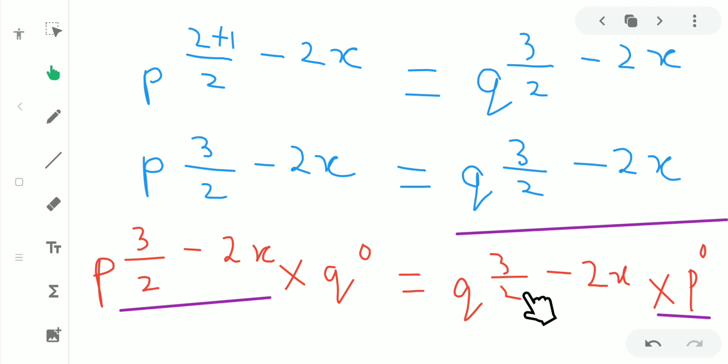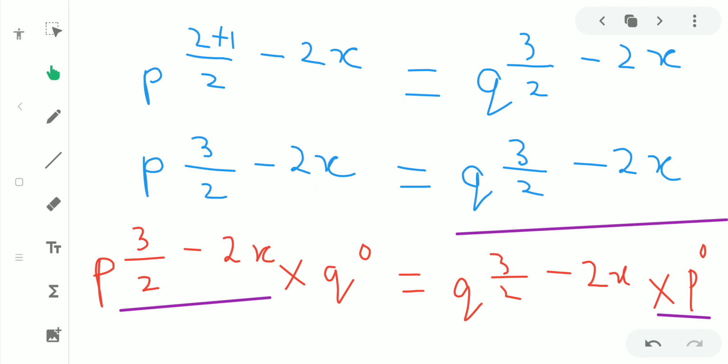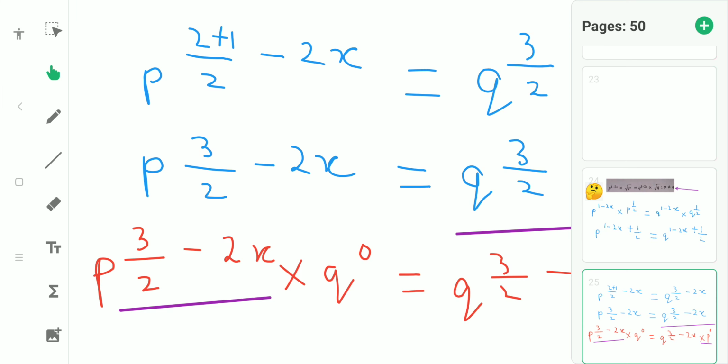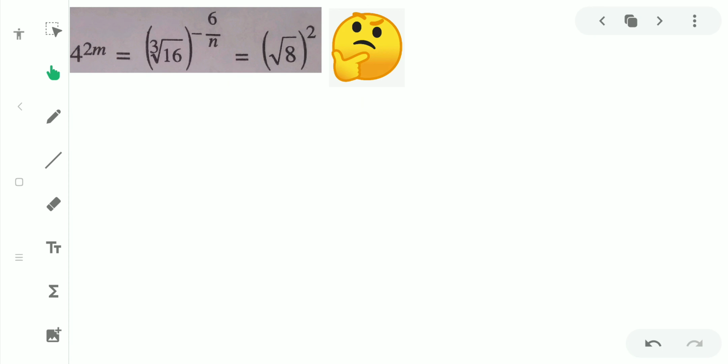So here also x is equal to 3 by 4. So we got the value of x, that is nothing but 3 by 4. If we do it from any angle, that is you can also equate q with q and p with p, you will get the same value of x. So that's all. We got the value of x. Now let us move on to the next question.